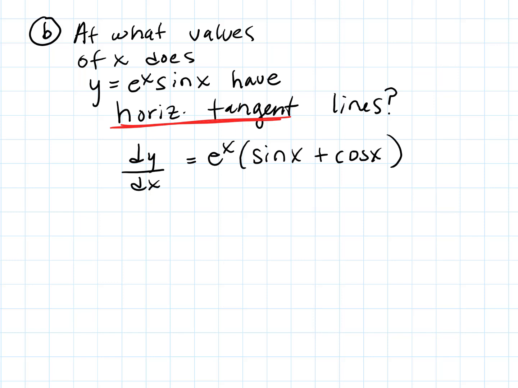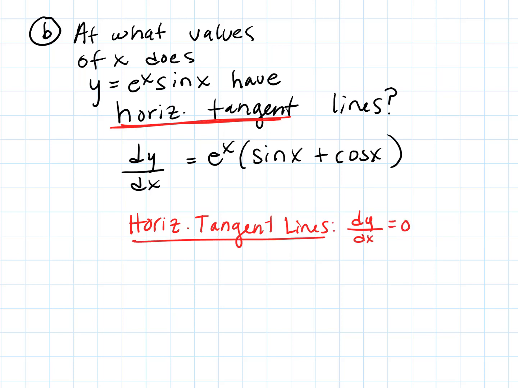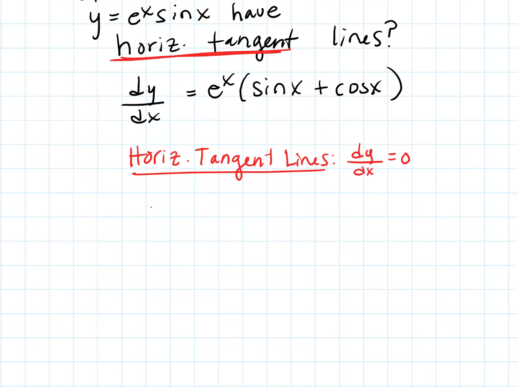So horizontal tangent lines occur when dy dx equals 0. So when does the derivative equal 0?